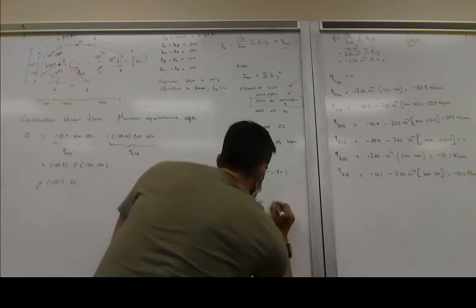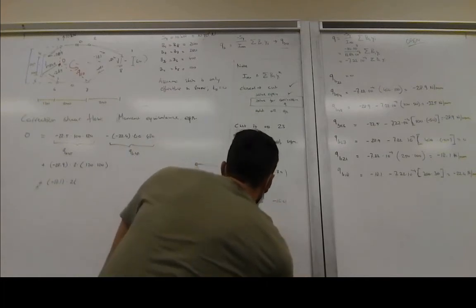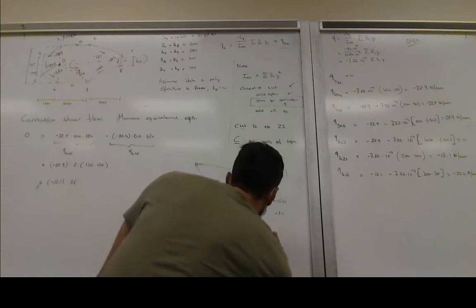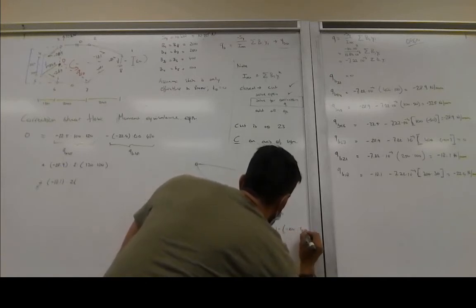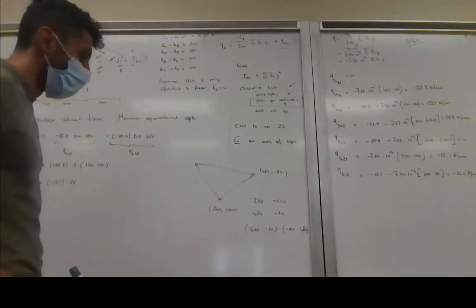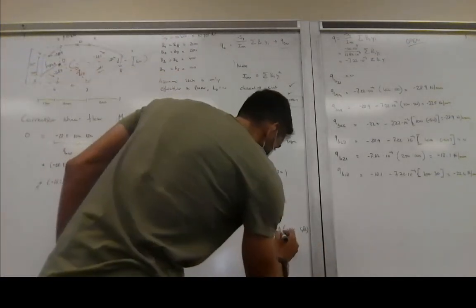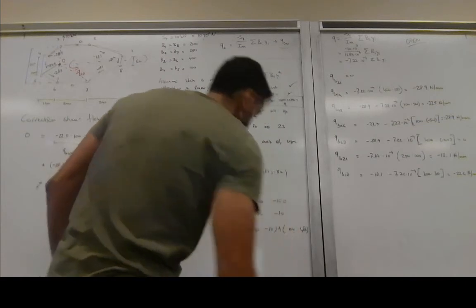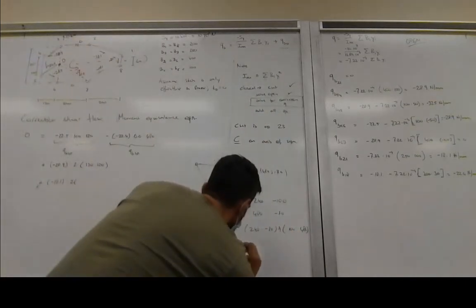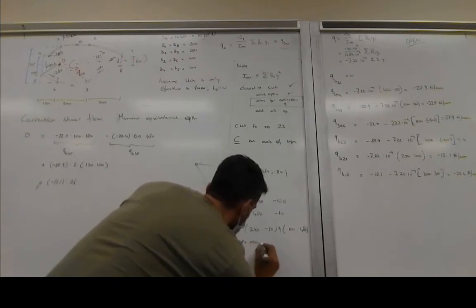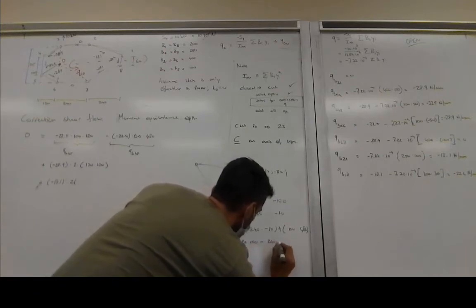Yeah, let me see, I always mess up as well. So this becomes a plus. So you get basically 480 times 100 minus 240 times 30.